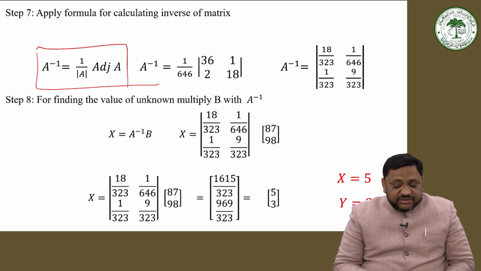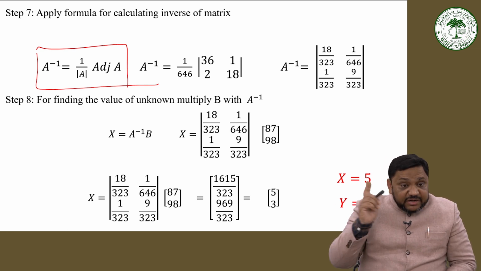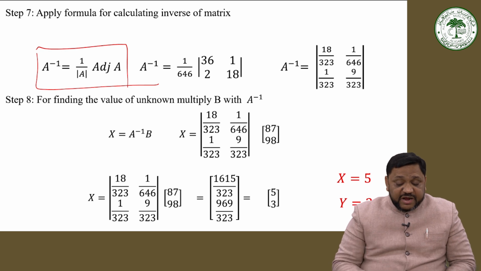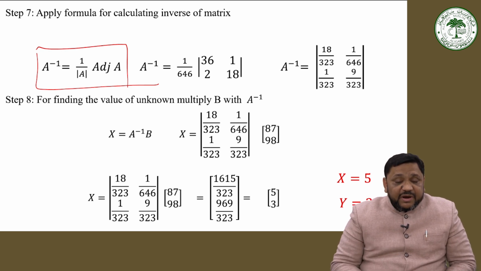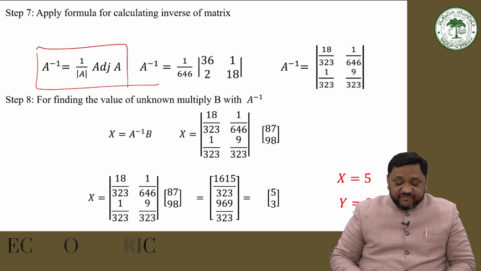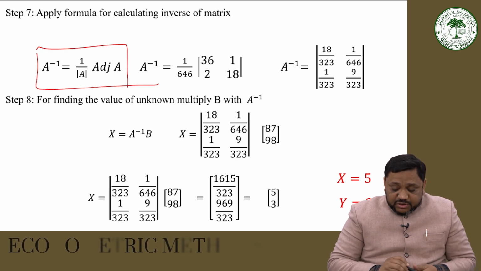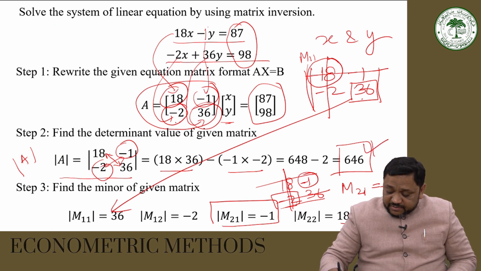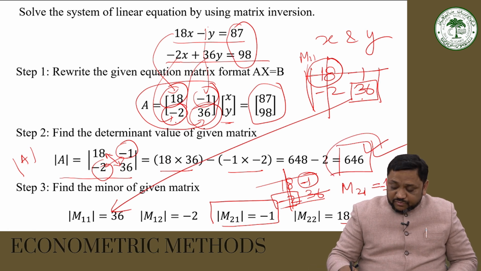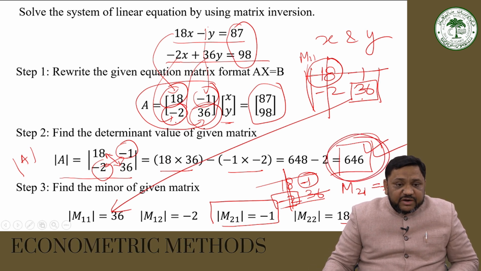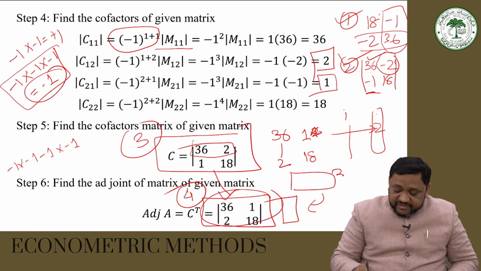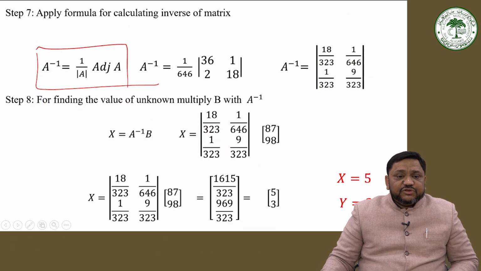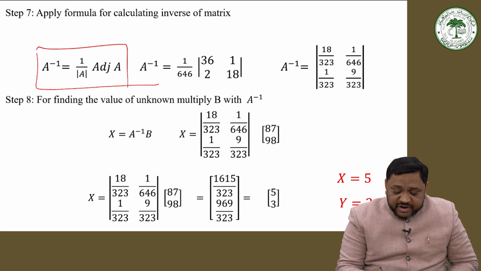Inverse of A is equal to 1 upon the determinant of A multiplied by the adjoint of A. The determinant was the first thing which we had calculated, and the adjoint of A was the last thing we calculated. Just have a look: here we have calculated the determinant, and here we have calculated the adjoint. So we will use that information: 1 divided by 646 and this adjoint matrix.